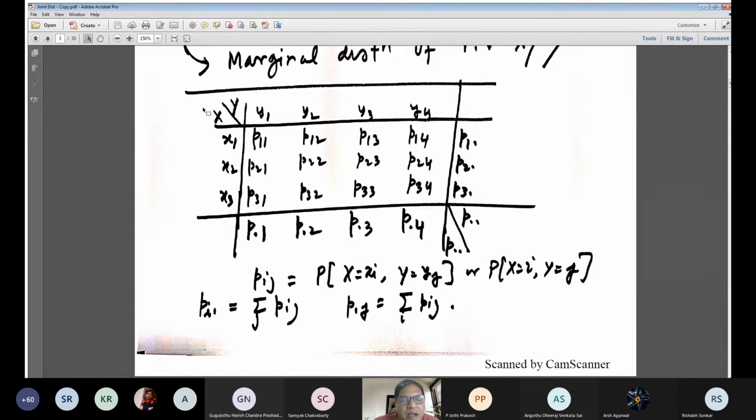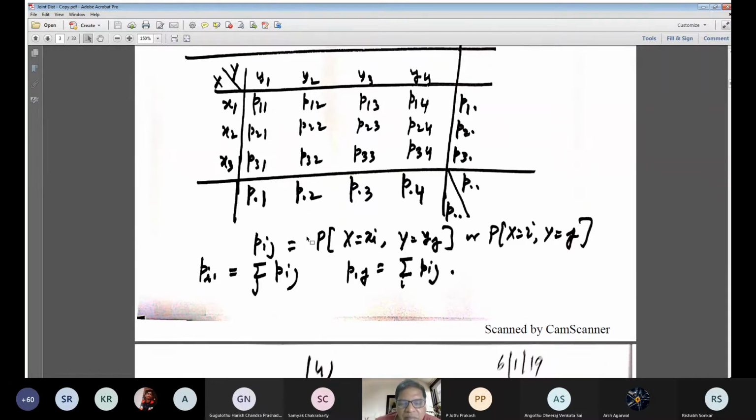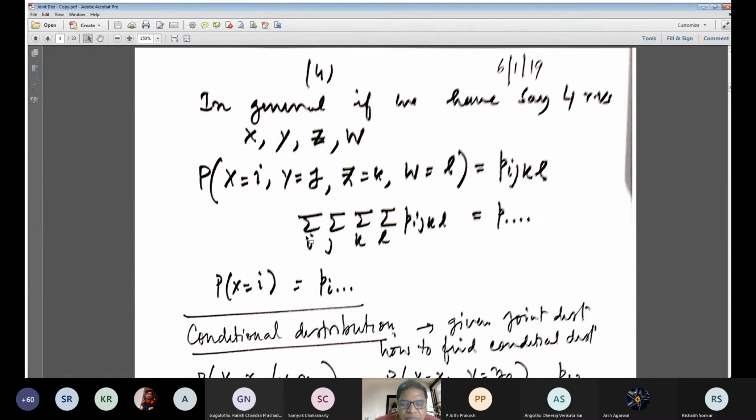In the table, in the columns one random variable is represented, and in the rows the second variable is represented, and we can also use the matrix form to represent the joint distribution. The corresponding row and column sums give you the marginal probabilities of the respective random variables.